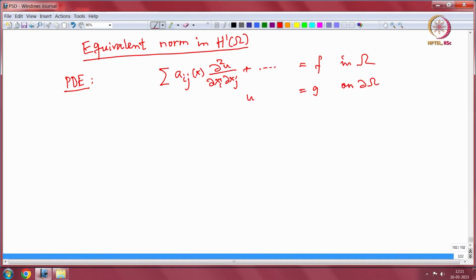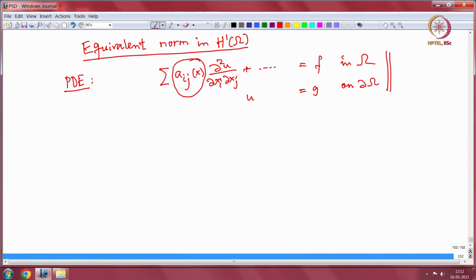Okay. So, this will be the trace, and we will be seeking solutions in appropriate Sobolev spaces, and it is important to take these coefficients into account and try to define an equivalent norm in that Sobolev space, so that we can apply either Riesz representation theorem or Lax-Milgram lemma as the case may be. That we will see in the next course.